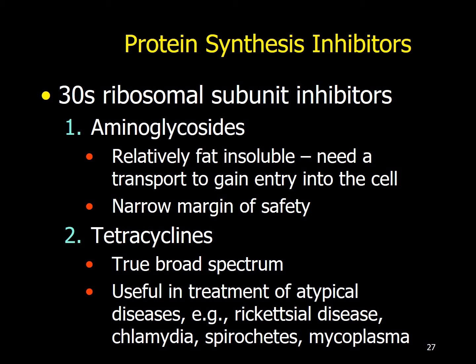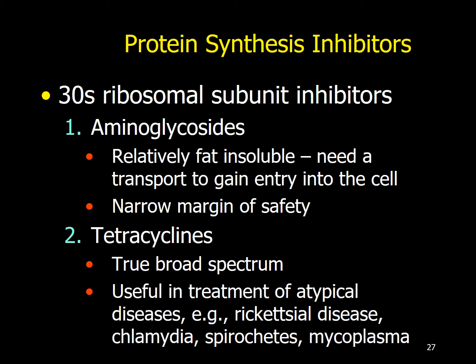Rickettsia aren't bacteria in the traditional sense, and they don't have a cell wall. Lyme disease, for example, tetracyclines are a popular drug for that. Chlamydia, and I mean the kind you get in the genitourinary tract. I mean, you get chlamydia anywhere, but we think of it as a genitourinary infection. Chlamydia is not a traditional bacteria. It doesn't have a cell wall. So tetracyclines are effective for it.